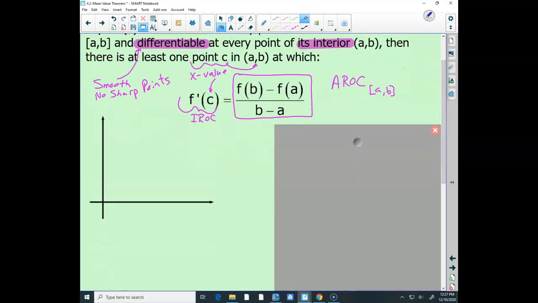Let me draw you a little picture of this. Let's say I have some point here, we're going to call it a, and then I have a continuous function and it's going to go to b. It can do whatever it wants. Somewhere in this interval, what's going to happen is this side, because it's the AROC, is the slope of the line connecting a and b.